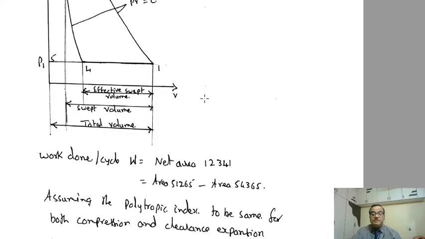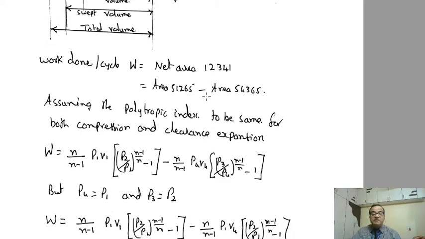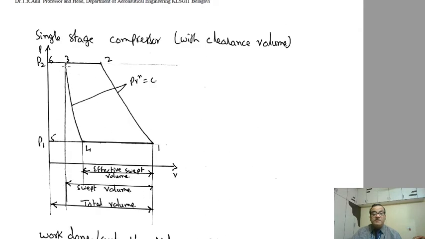Now we'll derive an expression for this. We know how exactly work done is calculated. Work done for a single stage compressor is n by n minus 1 P1 V1 [(P2 by P1) to the power of (n minus 1) by n minus 1], minus this part, you can see here, minus this area which we need to deduct.